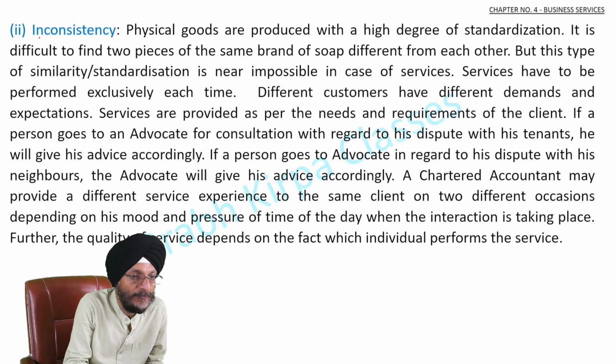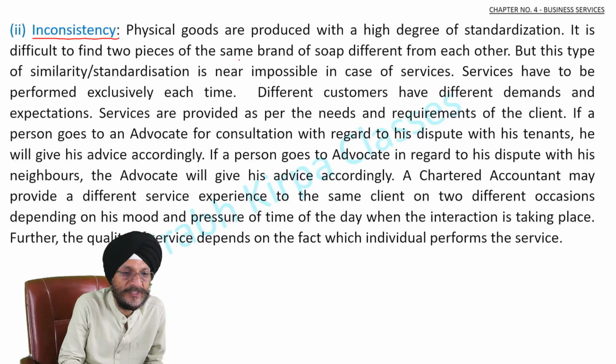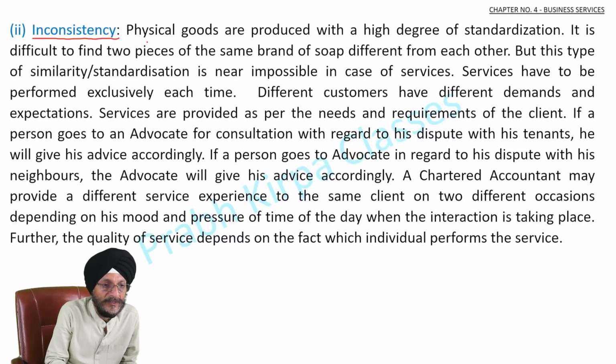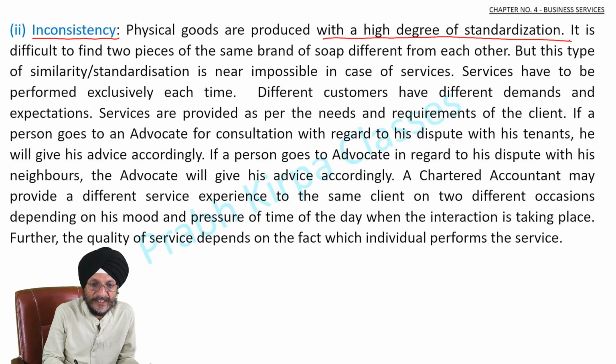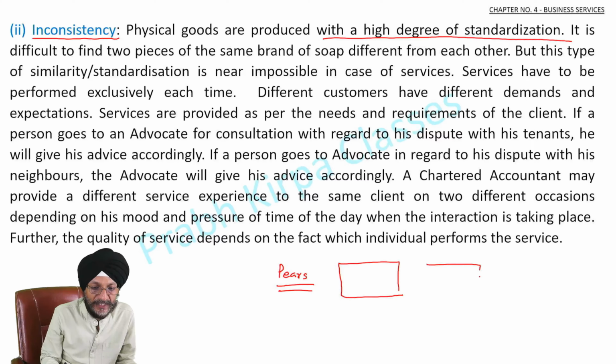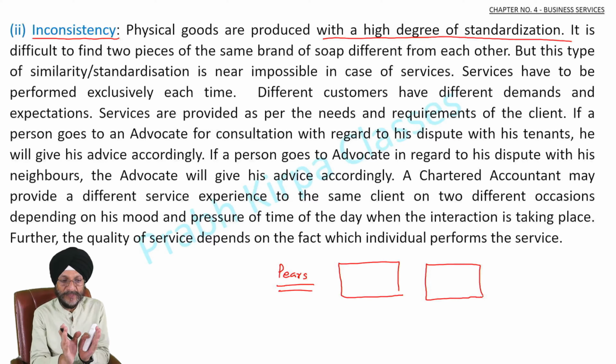Next feature of service is inconsistency. Physical goods are produced with a high degree of standardization. Suppose we go to the market to buy a soap named Pears. Pears is a soap, and each Pears soap has its own standardization.